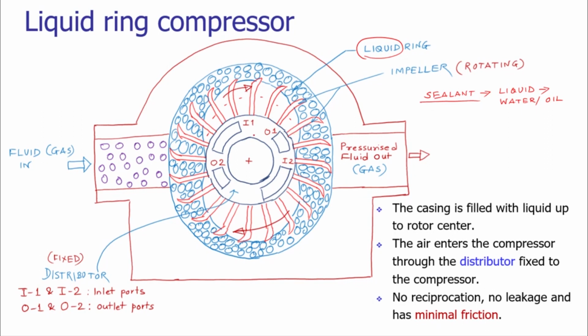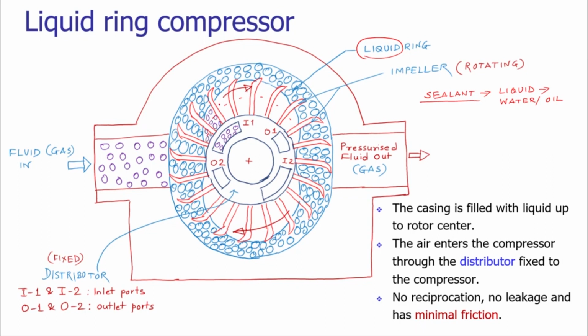How is it possible? Let us see. We get fluid at ambient temperature through the inlet port. Here the volume is less, and as the impeller is moving, the space is getting increased. So there is a creation of negative pressure, and due to that the fluid will come inside.